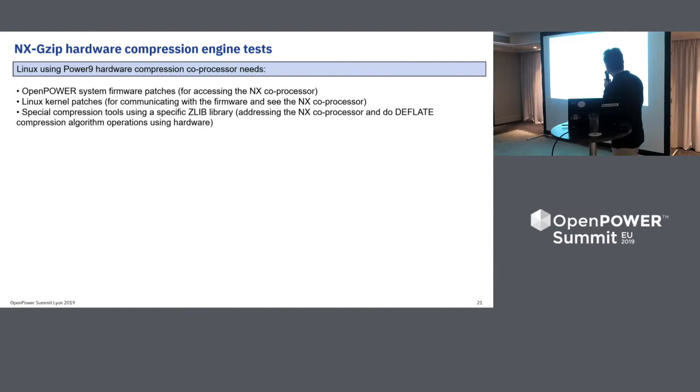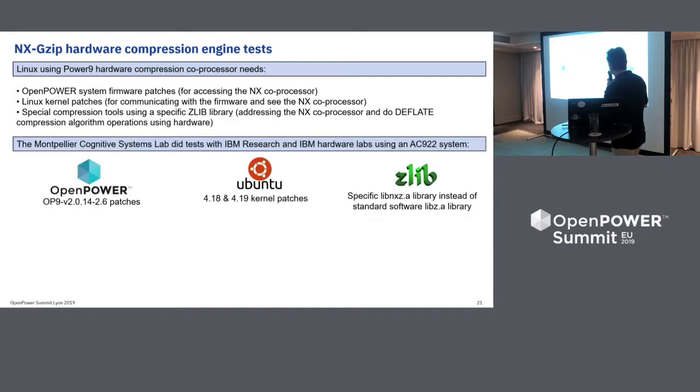So the patch that you need to apply for OpenPOWER is provided by IBM, of course. You need to patch the firmware, you need to patch the kernel, and you need to use a specific zlib library in order to compress things, because zlib is really aimed at using the hardware capability, while gzip is not able to connect, let's say, software connect.